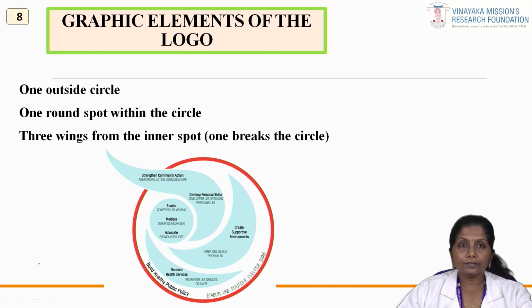Let's see the graphic elements of the health promotion logo one by one. First of all, the logo includes an outer circle, a central spot, and 3 wings originating from the center. Among these 3 wings, one of the wings breaks through the circle, signifying the idea of expanding health promotion beyond the traditional boundaries.